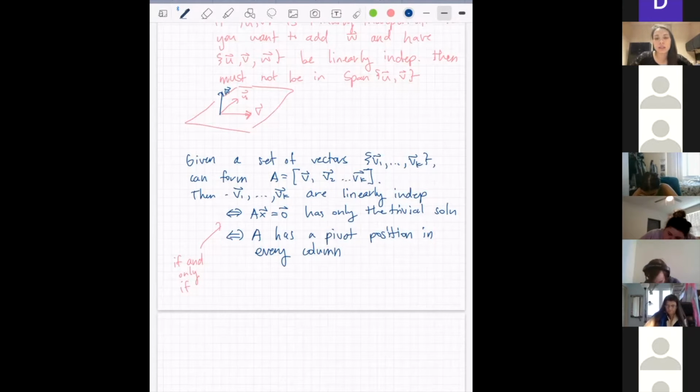And that will tell us whether this collection is linearly independent. If we have a pivot position in every column, we have linear independence. Otherwise, we have linear dependence. Okay, so this is the most practical way of checking linear independence.